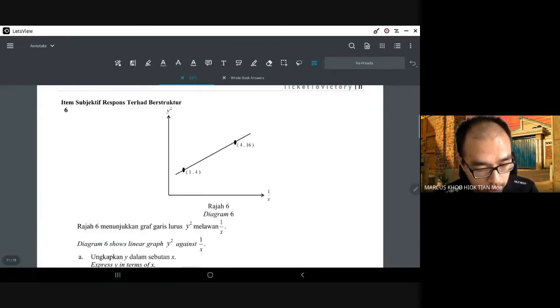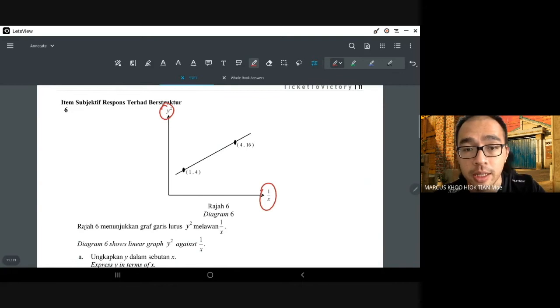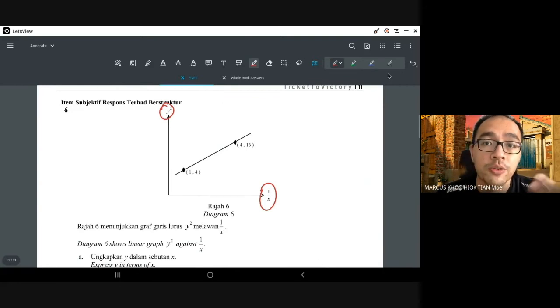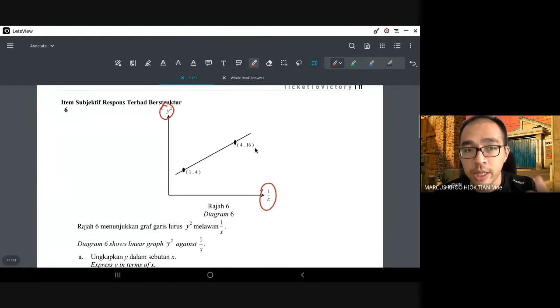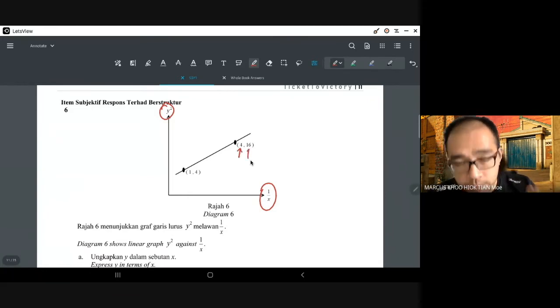Okay, this is obviously a linear law question, because when you see this, you definitely know that it is linear law. So that's the first thing you should know. And one very important thing you need to remember is that these numbers are no longer X and Y. They must follow the axes.